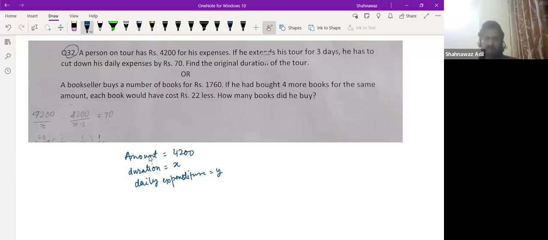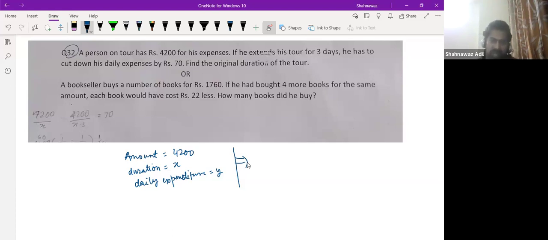So what would be the total amount from these two things? Duration x, daily expenditure y. If my daily expenditure is ₹5, and the duration of my stay is 3 days, what would be my total expenditure? 15.